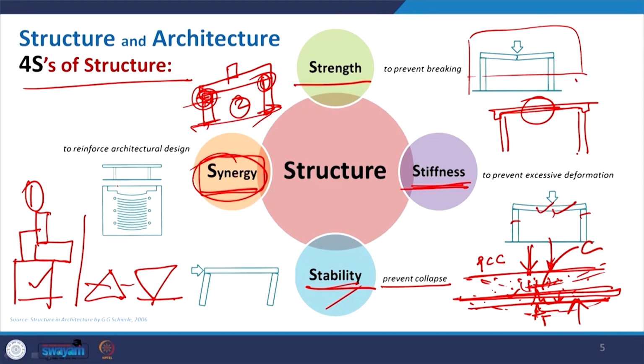This is very important, and looking into this concept, sometimes we have to reject some of the structural forms which may not be applicable for our design. So, in upcoming slides what we will see is the synthesis between architectural form and structural form.